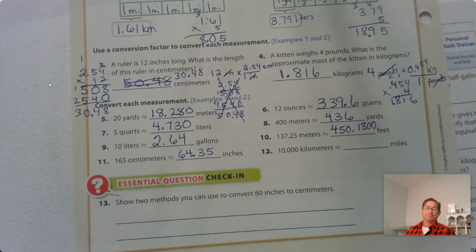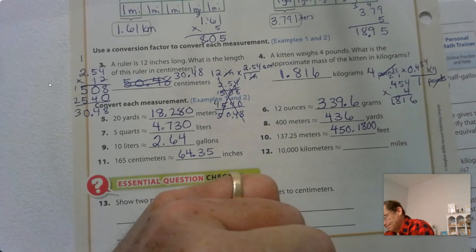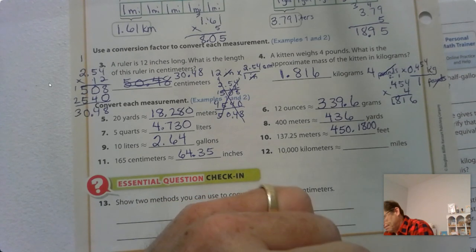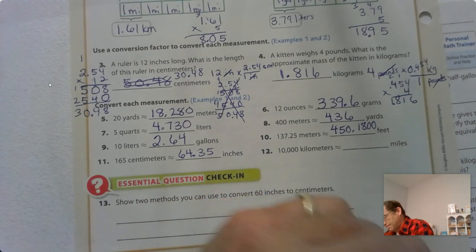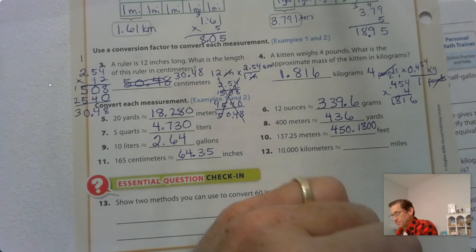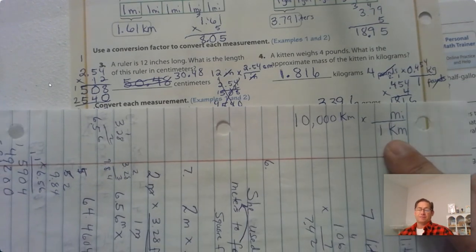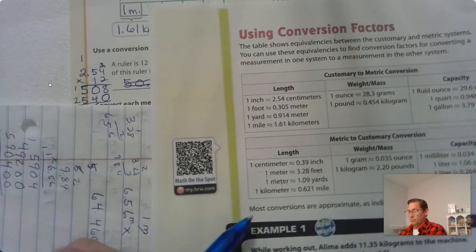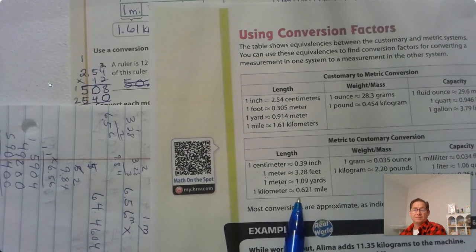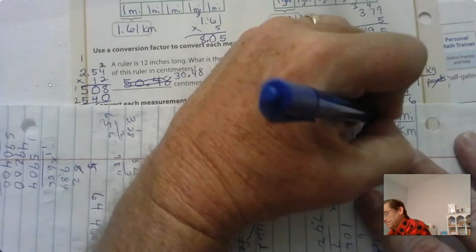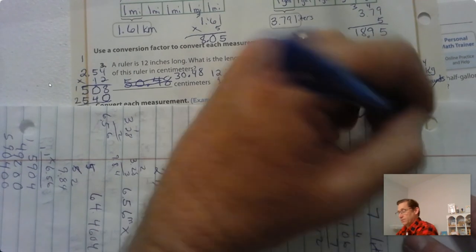And the last one, number 12, I mean. 10,000 kilometers is how many miles? So, how many miles are in 1 kilometer? 1 kilometer is 0.621 miles. All right, so we know that the kilometers will divide out.